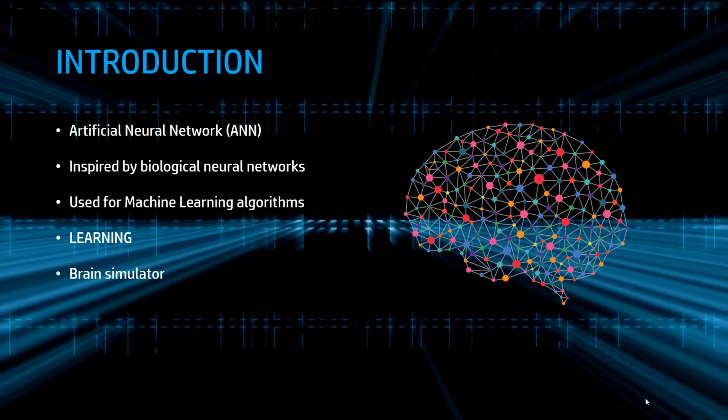They simulate a brain, and they are based on a collection of nodes called artificial neurons, which try to model the neurons in a biological brain. Each connection will transmit a signal from one neuron to another, and in biology they are called synapses.